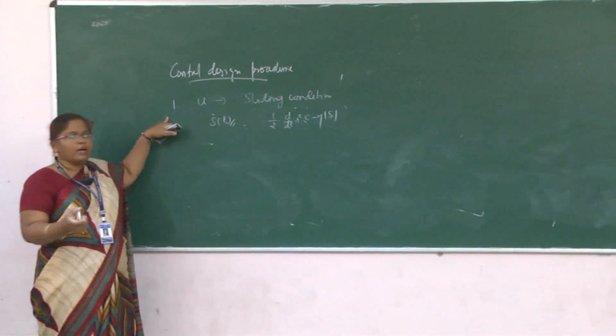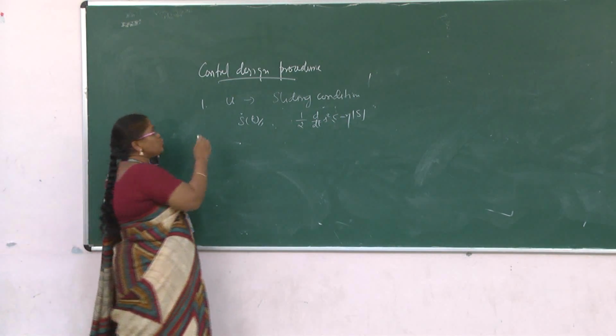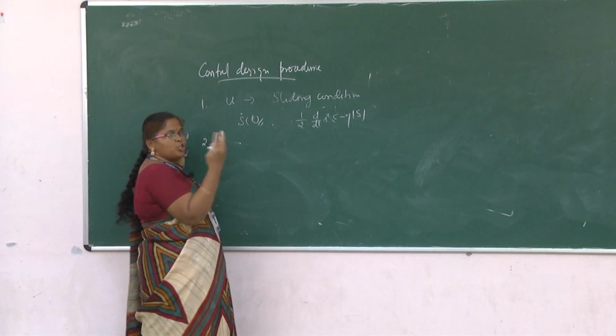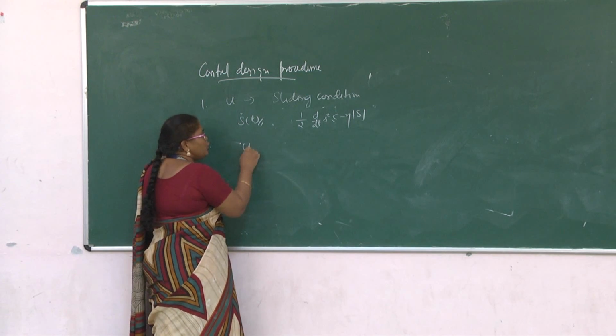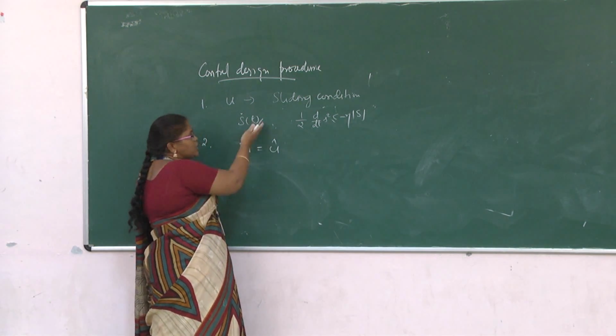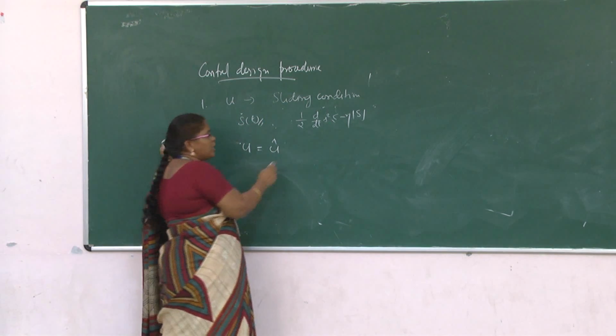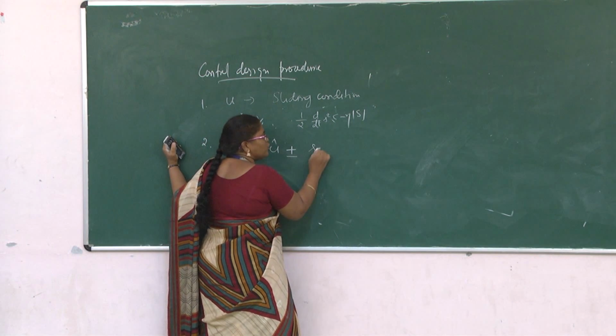In order to make it insensitive to disturbances, we need to add some discontinuous function to the control law. For example, u equal to u cap, which is my control action obtained from the equation, plus or minus some discontinuous function.